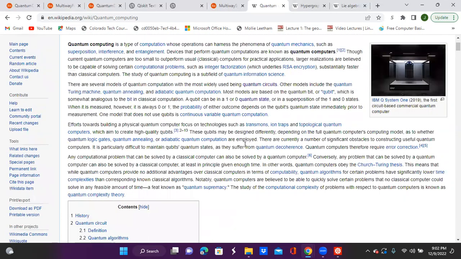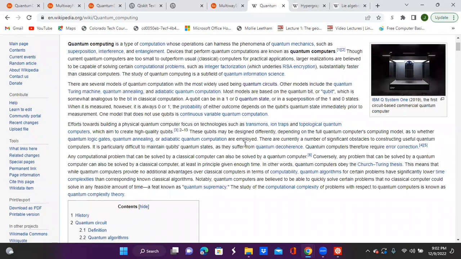Quantum computing is a type of computation whose operations can harness the phenomena of quantum mechanics, such as superposition, interference, and entanglement. Devices that perform quantum computations are known as quantum computers.